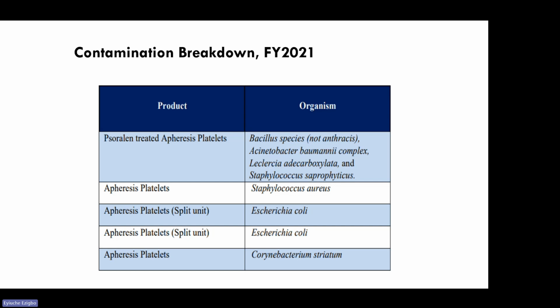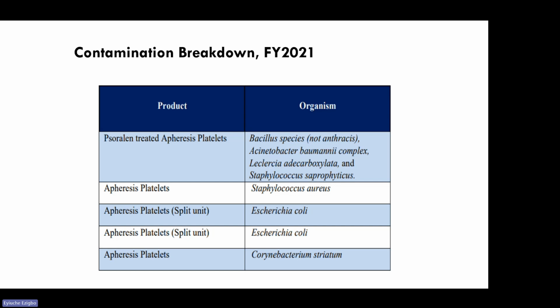The organisms that mostly contaminate this process are Bacillus species, like all these microorganisms, including Staphylococcus saprophyticus and all these ones here. Apheresis platelets, Solarine treated apheresis platelets. These are the organisms that are implicated.